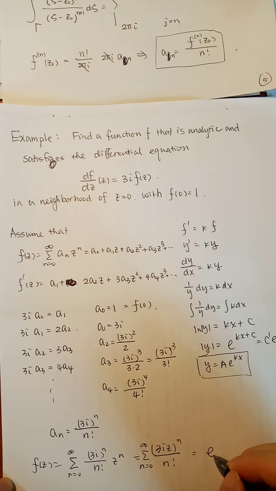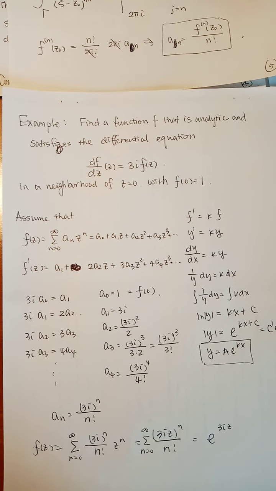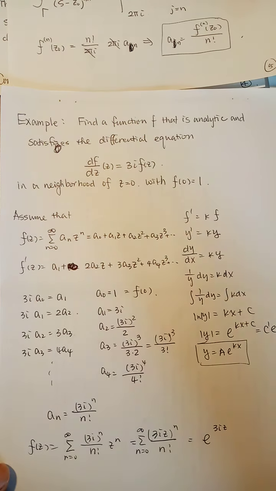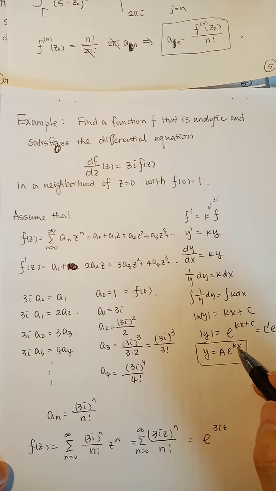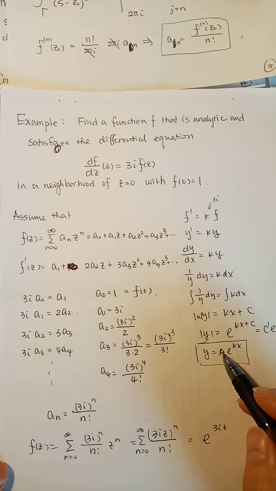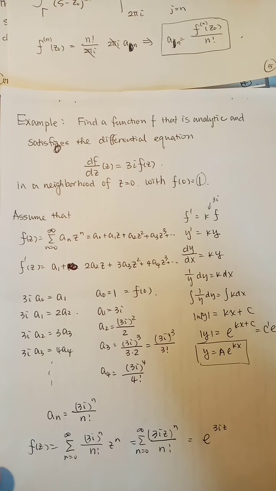This is exactly the exponential e to the 3iz. It follows the same as before: here k is 3i, so it's 3iz, the same thing, and a is the initial value, a equal to 1.